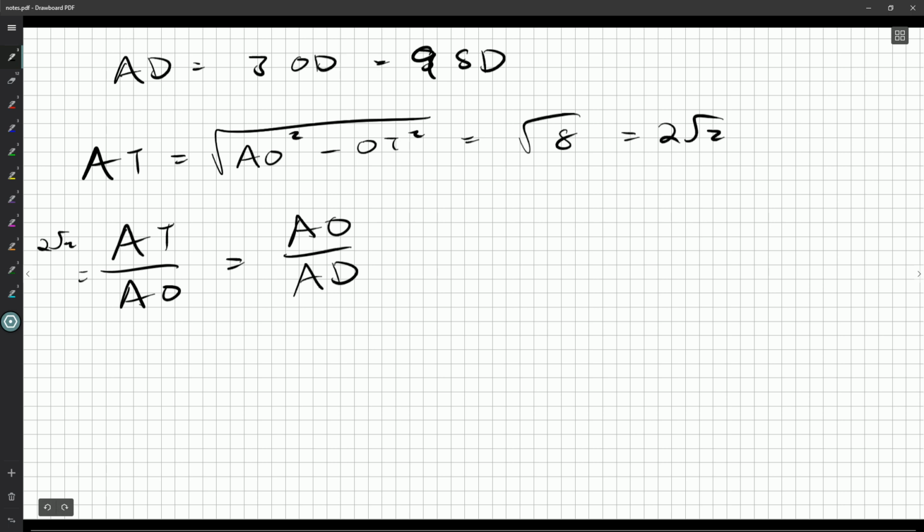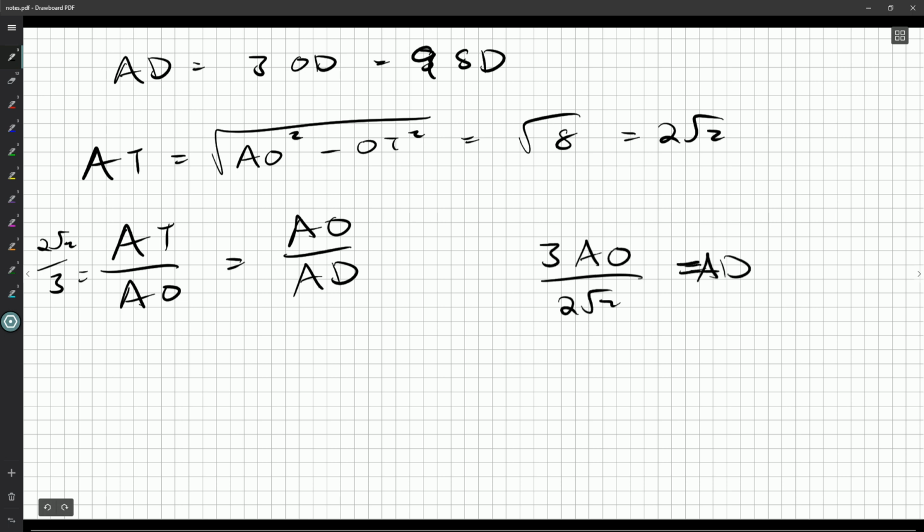So this is 2 root 2 over 3. So AO is 3. If we rearrange this, AO times 3 over 2 root 2 is AD.